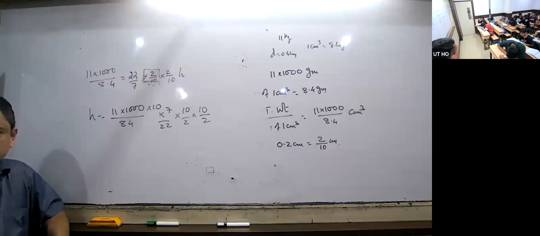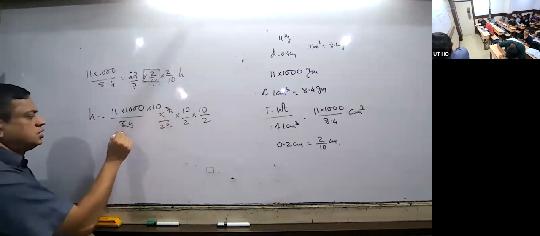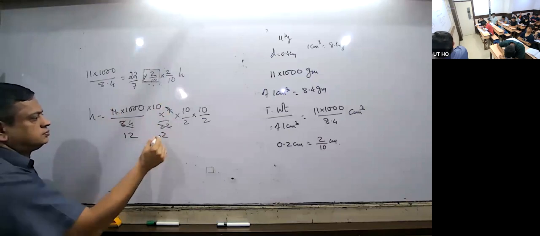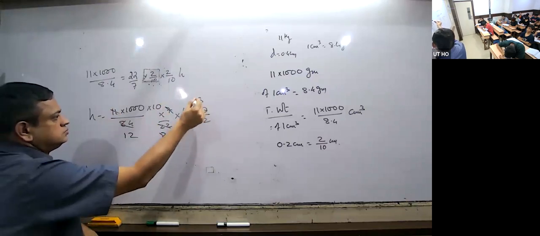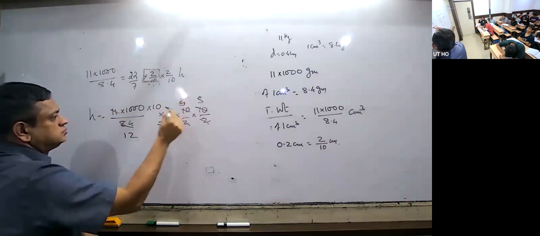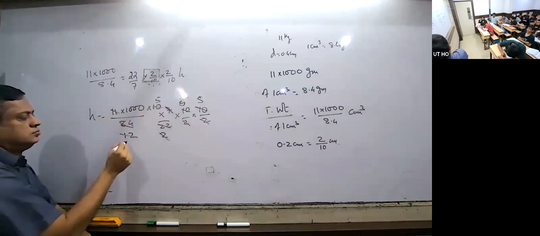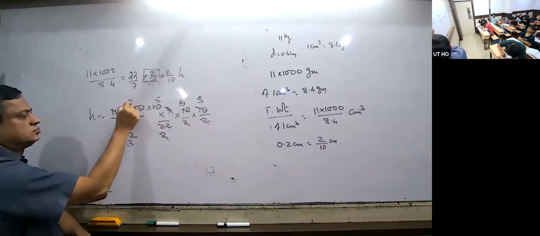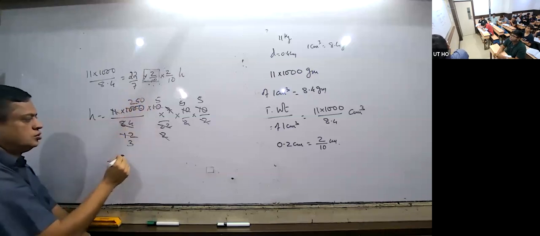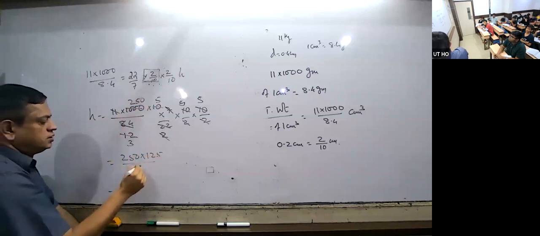Look, 12 sevens are 84. 7 twos are 14. The answer is 250 into 125 divided by 3.